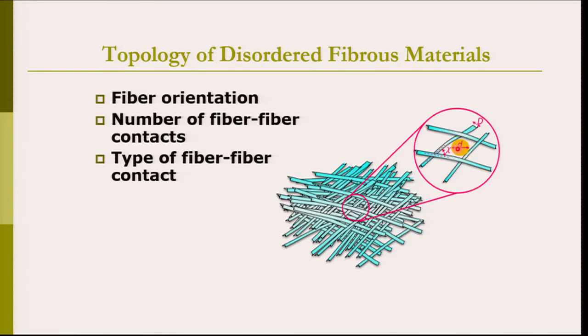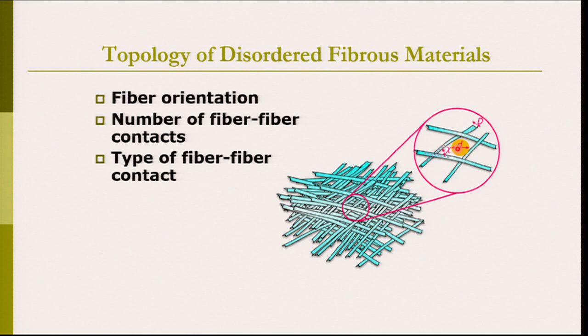Then, if we look at the topology of disordered fibrous materials, the type of fiber to fiber contact also plays a key role. As we discussed earlier, the fiber to fiber contact plays an influential role in transferring the load. If the contact is solid, for example in a fused fiber network, then you will have better load transfer as compared to a frictional fiber to fiber contact.